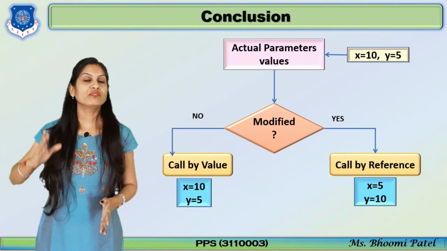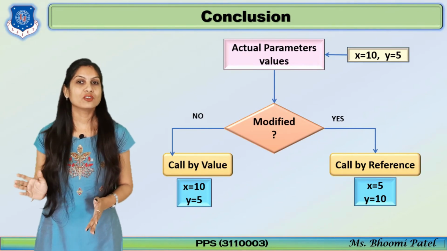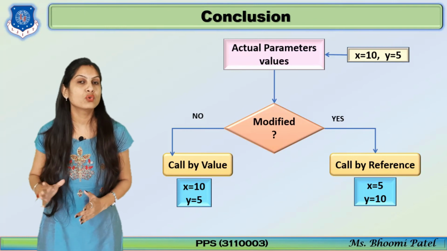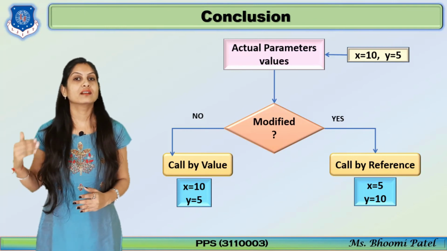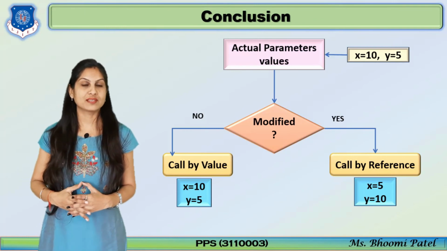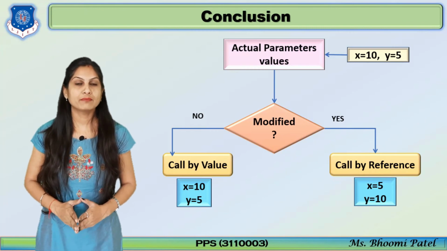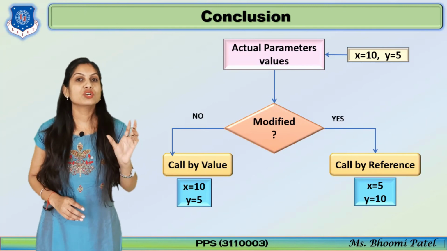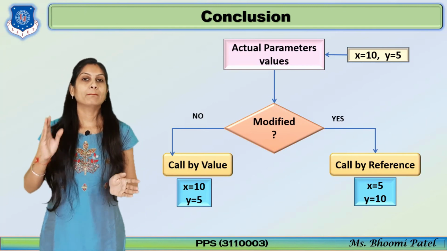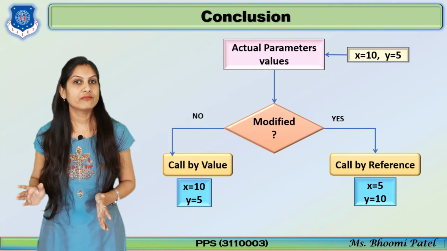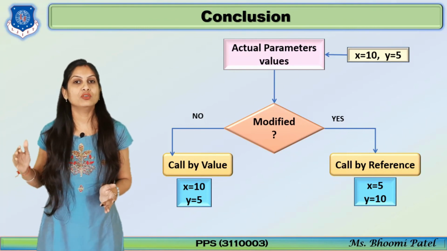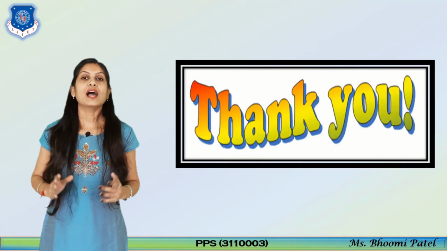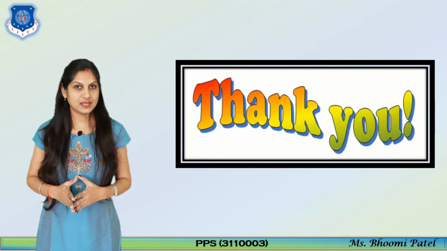You have to remember the meaning of call by value and call by reference, because it is a very important topic that will be asked in your GTU exam. Simply remember: when you use call by value, the actual value will not be affected, but when you use call by reference, the actual value will also be updated with the formal value. Clear? I hope you understand this concept very well.